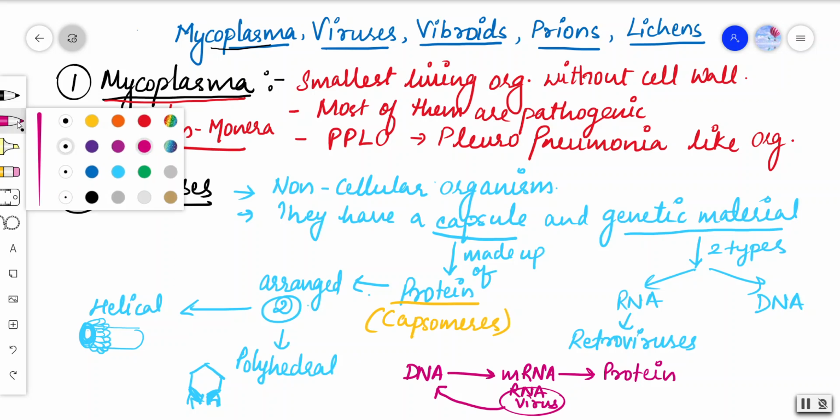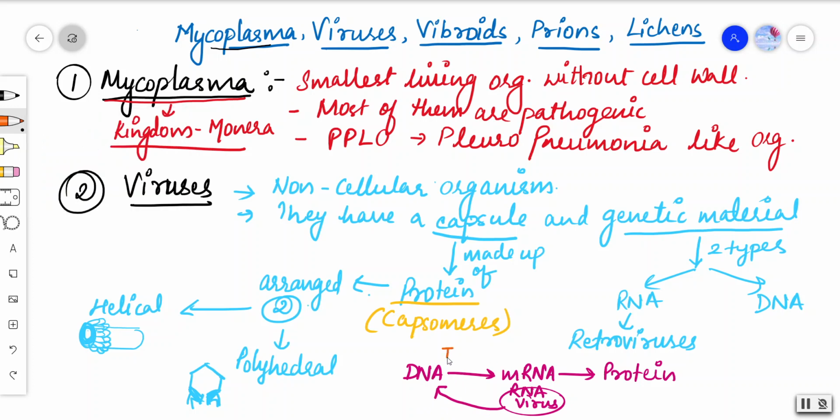So the DNA to mRNA process is known as transcription. And if that is transcription, the reverse process is known as reverse transcription.